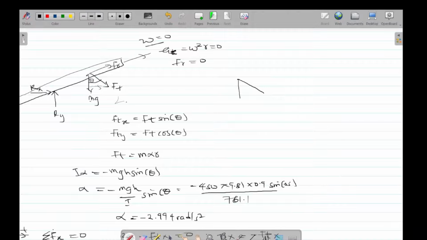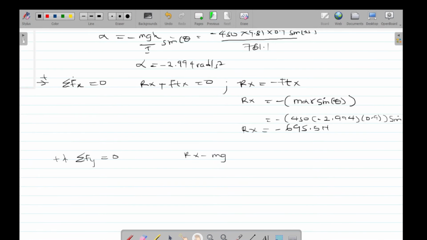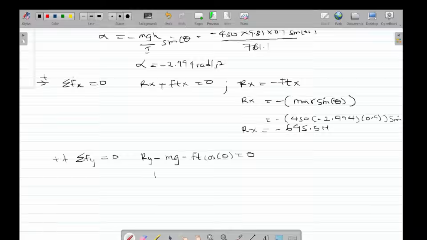If Ft is making an angle theta with the vertical, then we have Ft cos theta in the y direction and Ft sine theta in the x direction. So you can say Ry minus mg minus Ft cos theta is equal to 0. And that means Ry is equal to mg plus Ft cos theta.